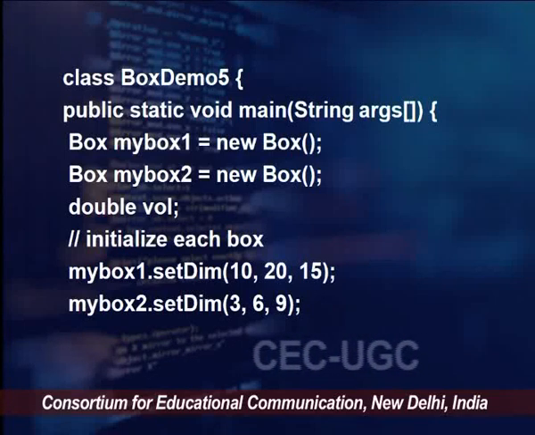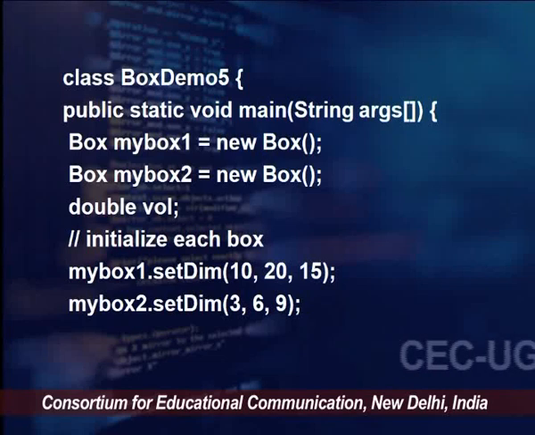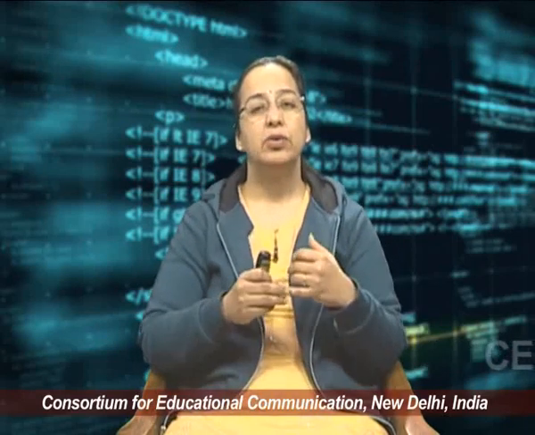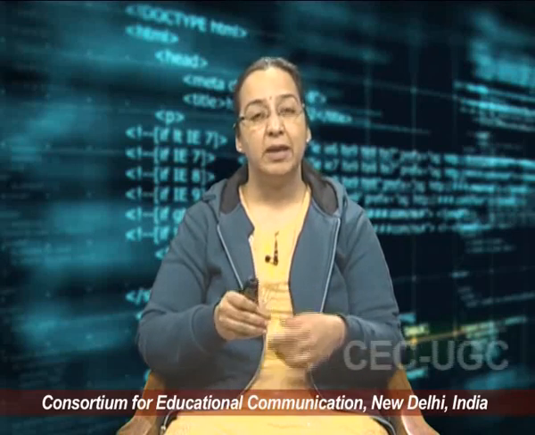These three values 10, 20 and 15 will be assigned to the width, height and depth of the calling object. Presently setDim is being called by mybox1, so the variables width, height and depth of mybox1 will have values 10, 20 and 15.